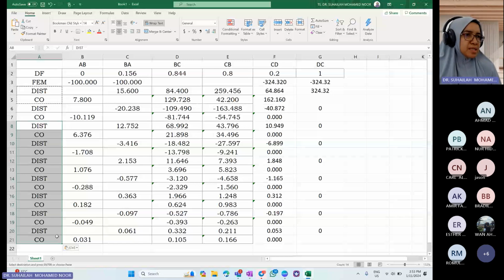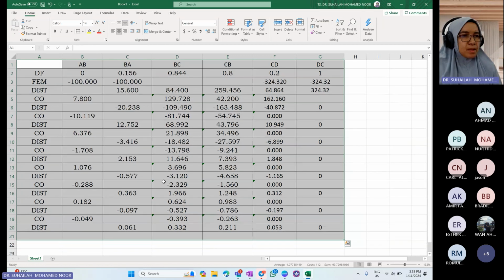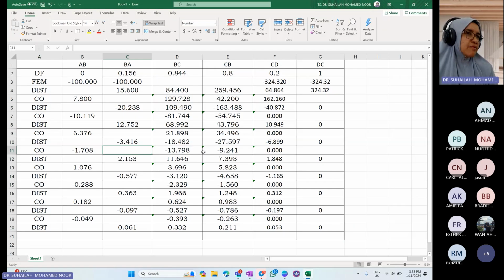Okay, yang ni dia panjang sikit lah table ni. Okay, normally kalau dalam your test, your exam, biasanya maximum 6, 7 itu dah maksimum lah. Macam yang ni 1, 2, 3, 4, 5, 6, 7, 8, 9. 9 distribution. Okay, so tak apa, kita just nak completekan yang ni.